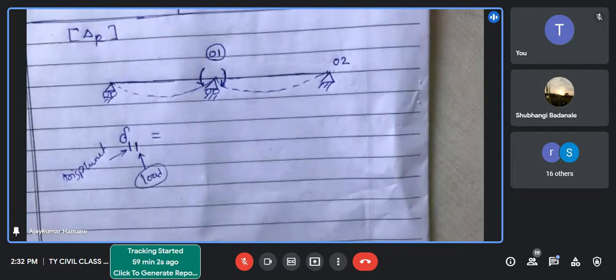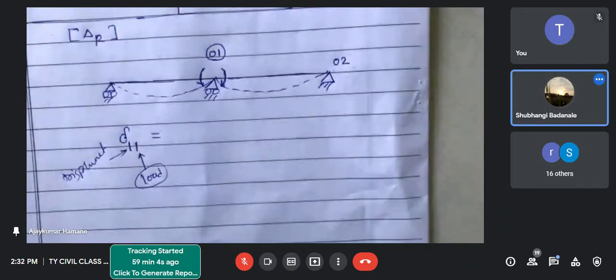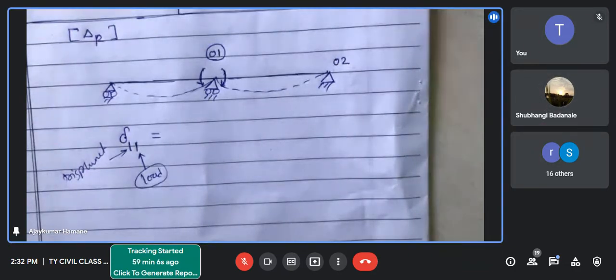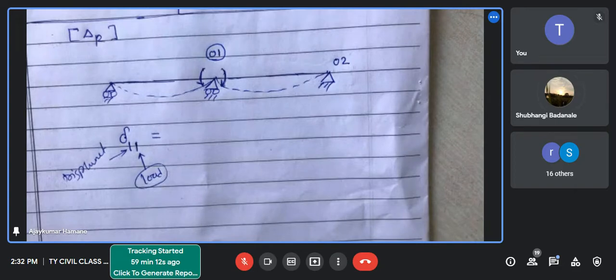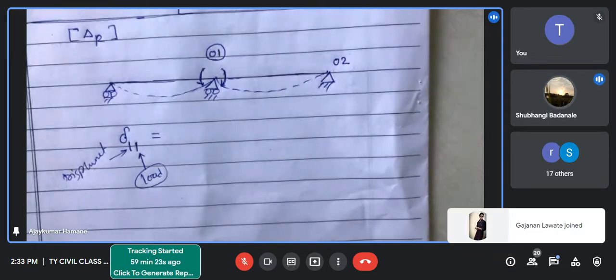What is the flexibility? L divided by AE, but that is for the axial member. Just check, I have given one table to you. L divided by 3 EI, sir.